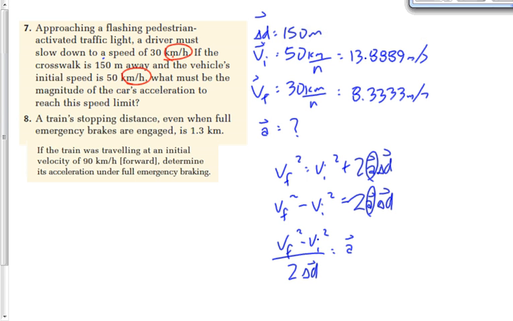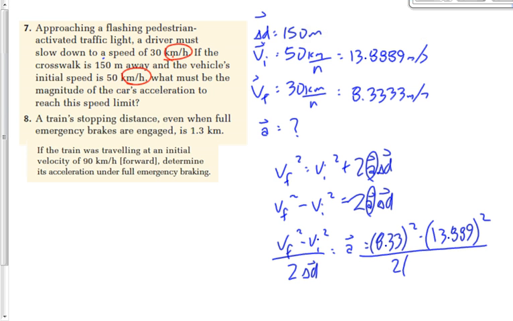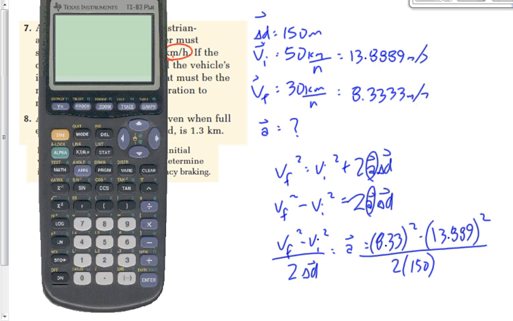All right, VF, 8.33 squared, minus 13.889 squared, divided by 2 times our displacement of 150. We'll do this one on our calculator as well to make sure that you guys can do this. Probably not a bad idea to calculate the bottom first. 2 times 150, 300.